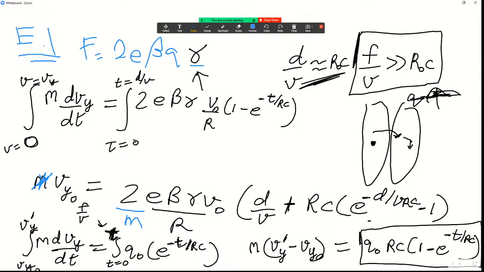So now we got a function of Vy. So we know the total Y, so we can integrate to get the focal length. So add both functions.